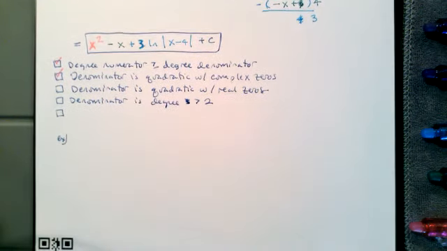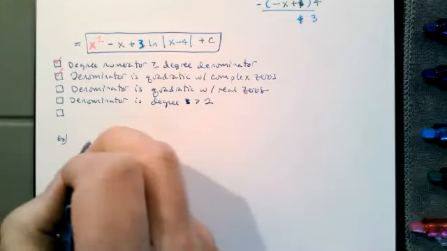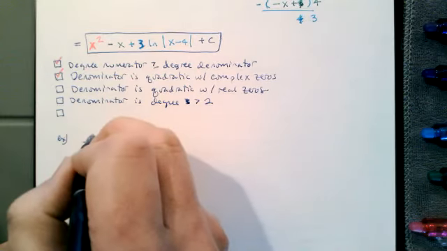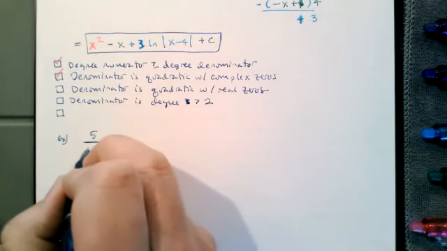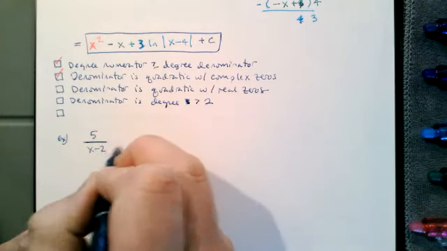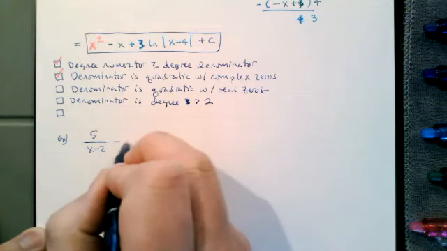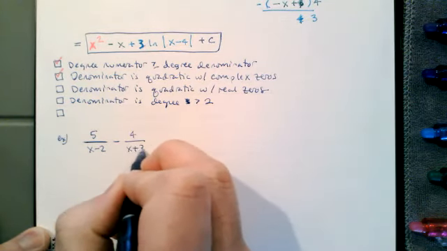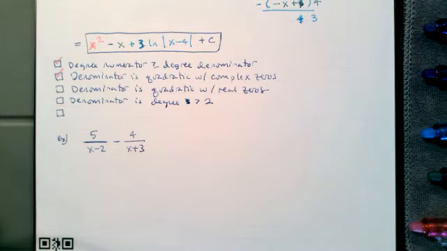Before we integrate a rational function where the denominator is quadratic with real zeros, I want you to take a minute. I want you to add these two fractions. Let's suppose that we have 5 over x minus 2 minus, let's go with 4 over x plus 3.